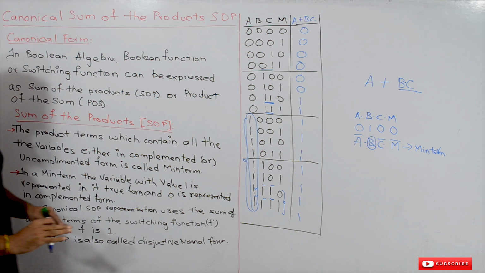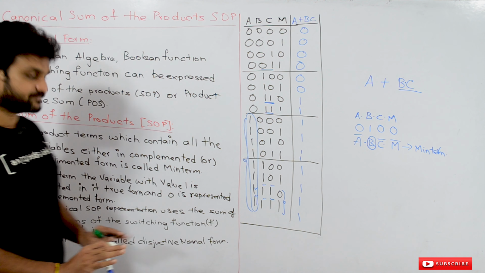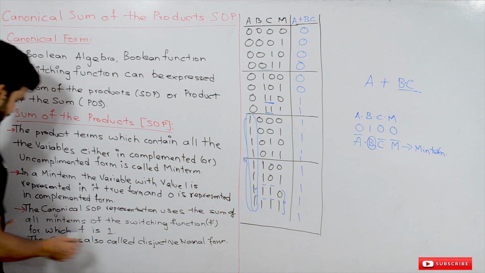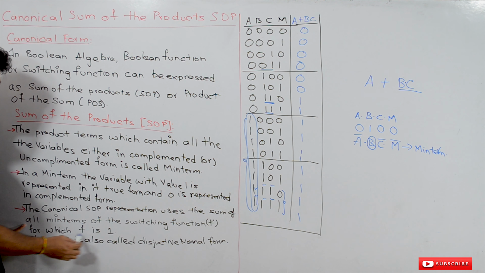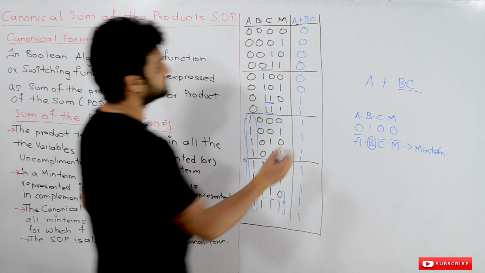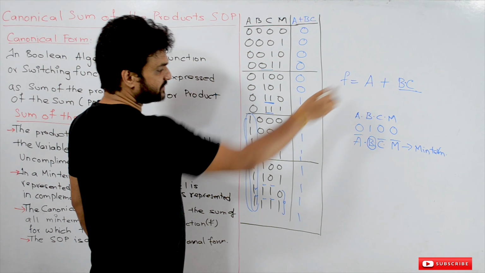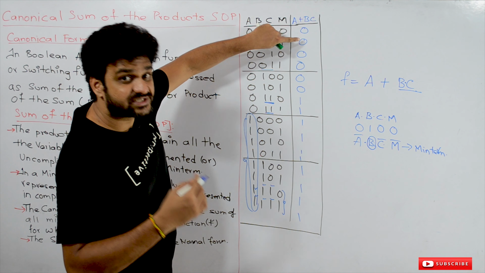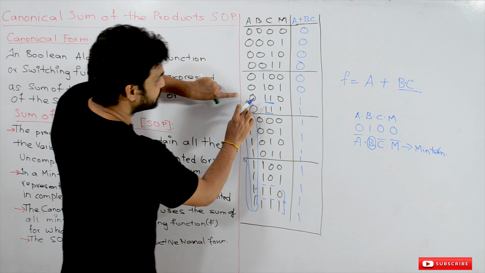So how the canonical SOP, sum of products, is represented is it uses the sum of all min terms of the switching function for which f is 1. So for example, if you consider the switching function f is equal to a plus bc, we are going to sum all the min terms.